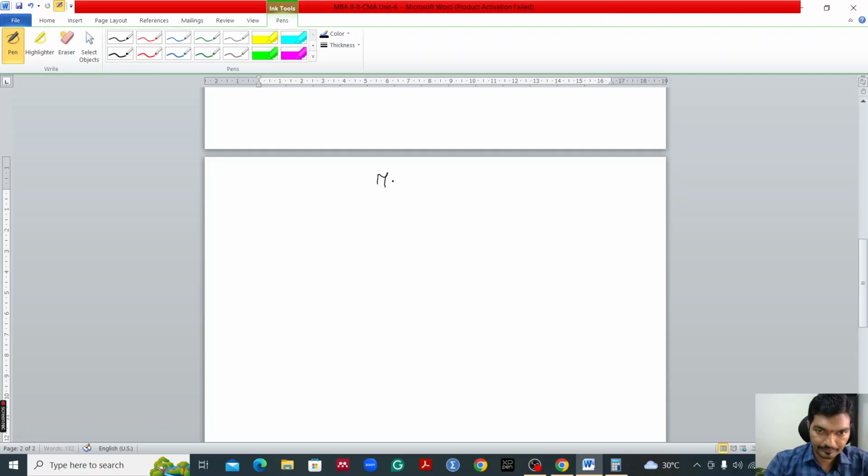We are in the material usage variance. So here material yield variance, this is material mix variance. For material A, we are required to find out the material usage variance.